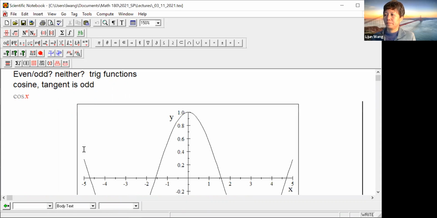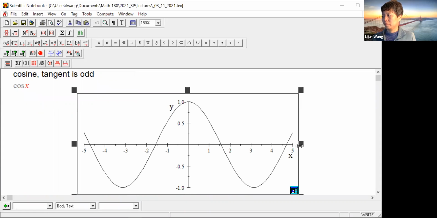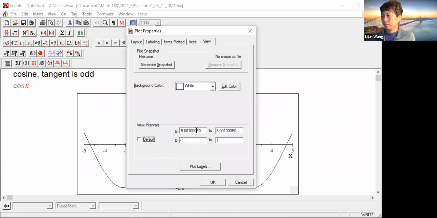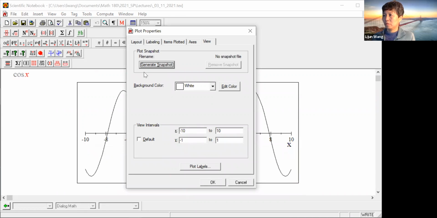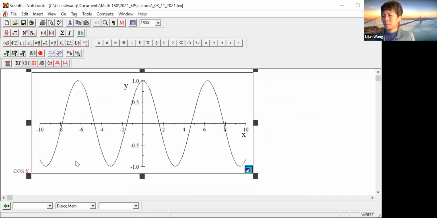Cosine x. Is this a cosine x? And you think it's odd?